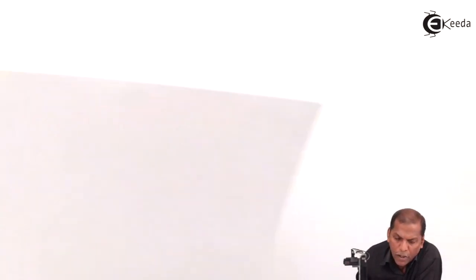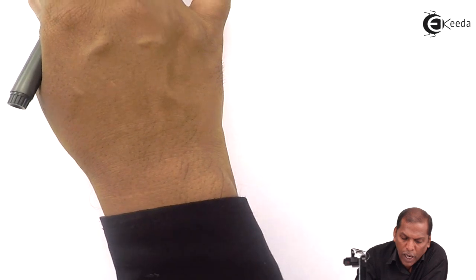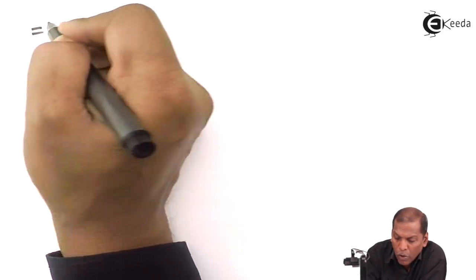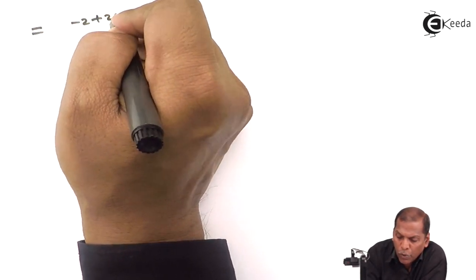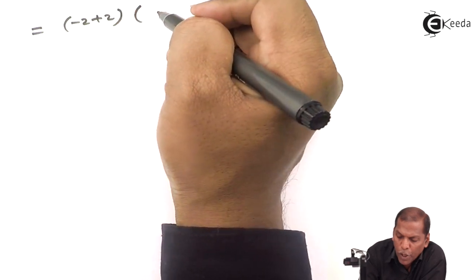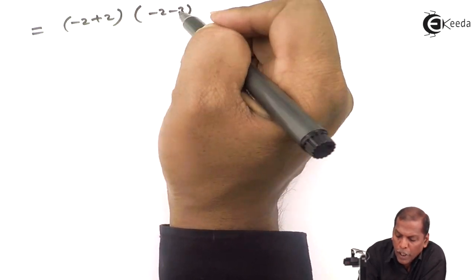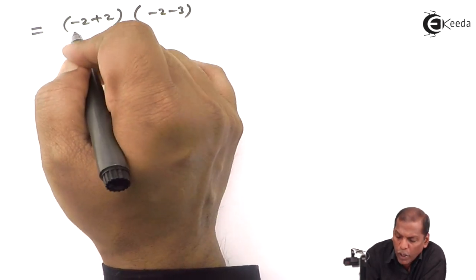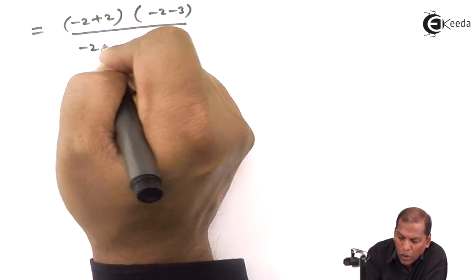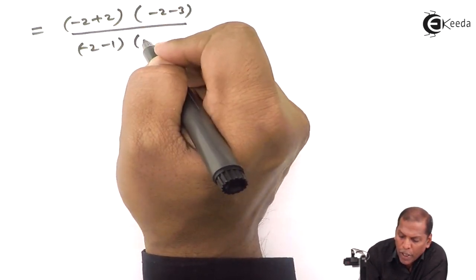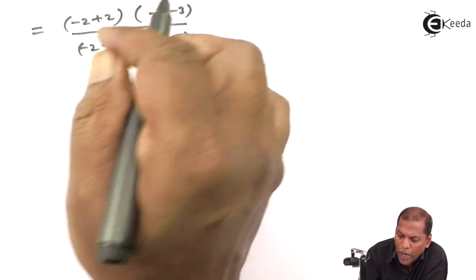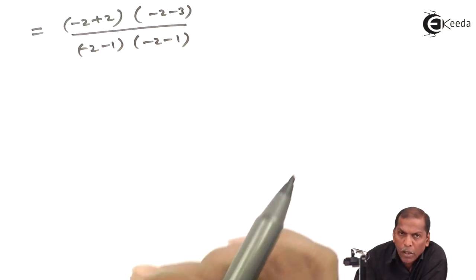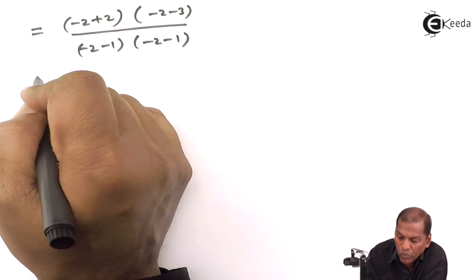Now finally we put the limit x equal to minus 2 in the numerator and denominator. So we have minus 2 plus 2 in the first bracket, minus 2 minus 3 in the second bracket, upon minus 2 minus 1, minus 2 minus 1 in the denominator.